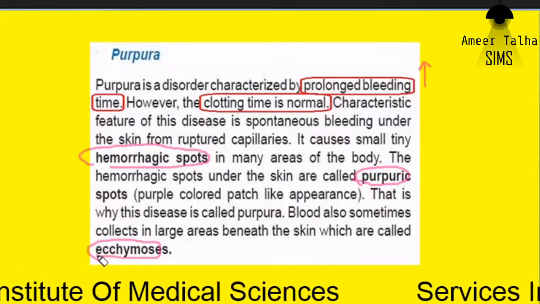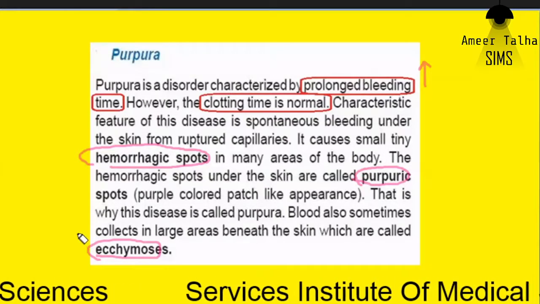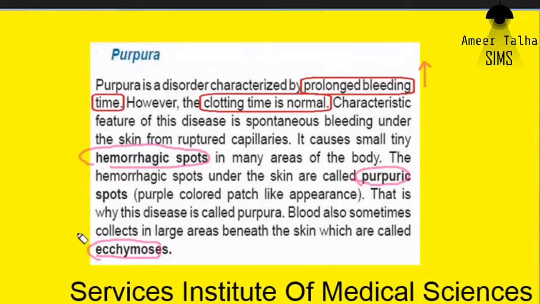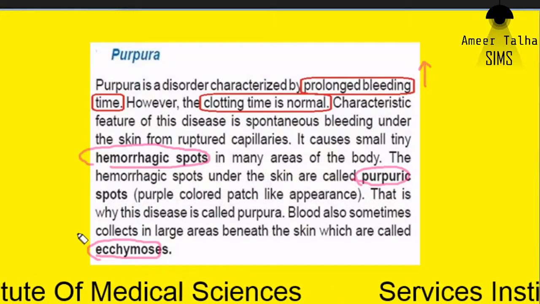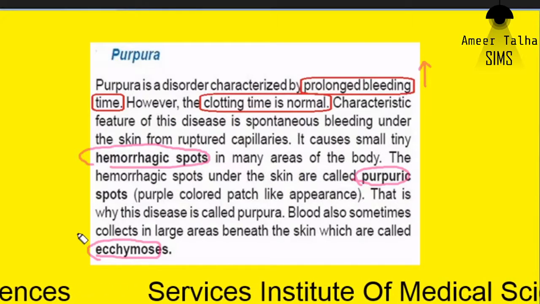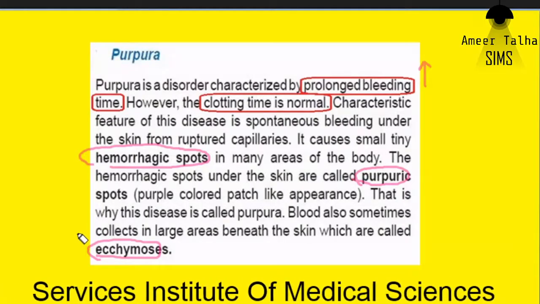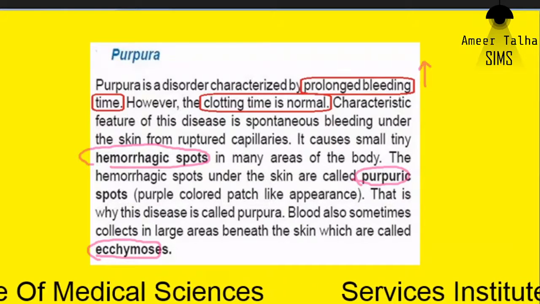So remember, in thrombocytopenic purpura, it is the thrombocytes which are involved. Deficiency of thrombocytes is known as thrombocytopenia. Thrombocytopenia will lead to prolonged bleeding time. However, the clotting time will remain normal.